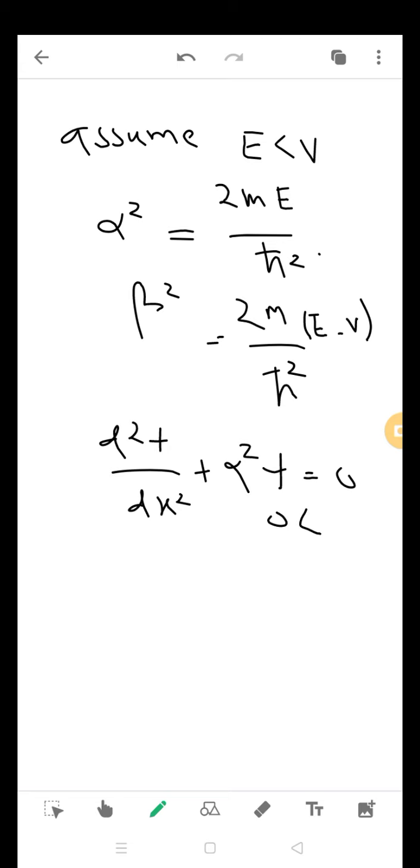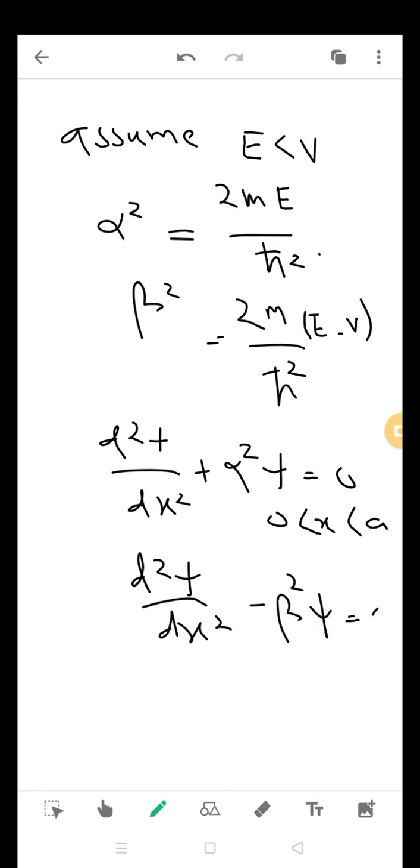that means when x is between 0 and a, when there is no V, and the second one is d squared psi by dx squared minus beta squared psi is equal to 0, and this is for position inside the potential.